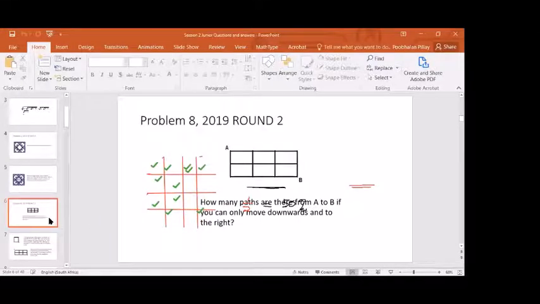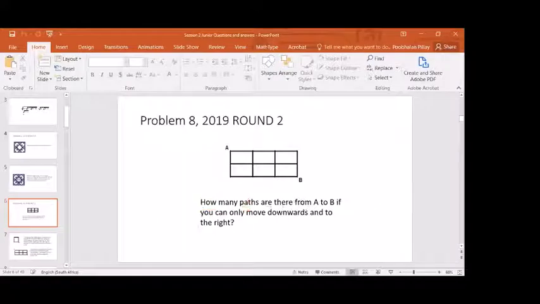So the next problem we go to is problem number 8. Here the problem asks, how many paths are there from the point A to the point B? And they say you can only move downwards and to the right. So you have to move along these roads.